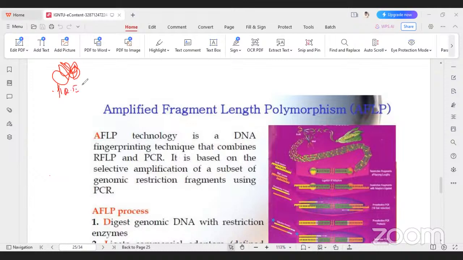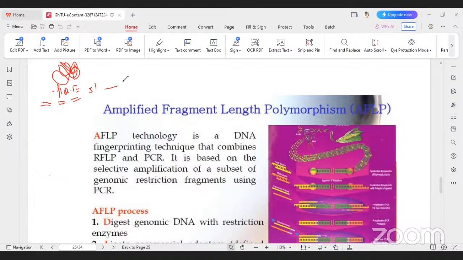With the help of a restriction enzyme, the DNA strands are cut, generally with two enzymes. Double-stranded oligonucleotide adapters are ligated to the ends of the DNA fragments. After it is cut, for example, take a DNA sequence.